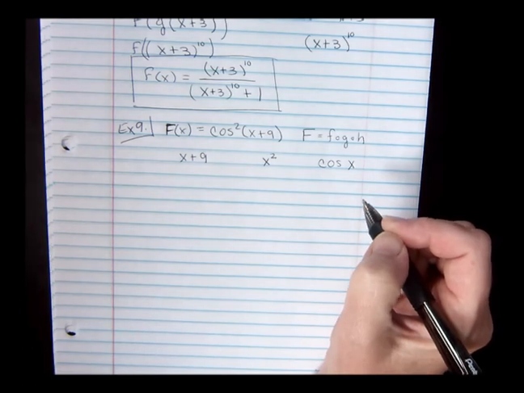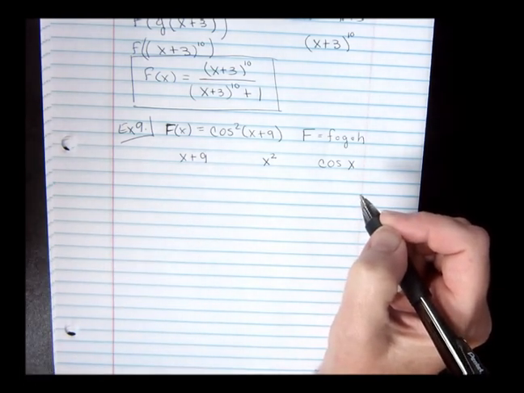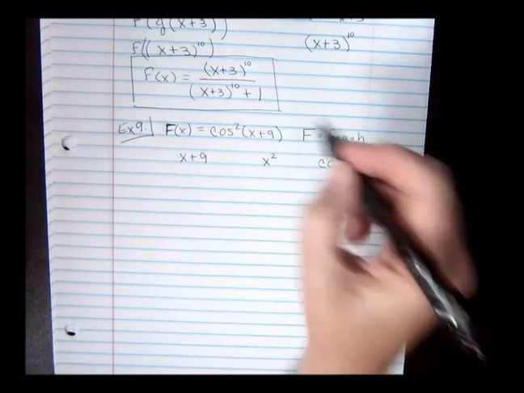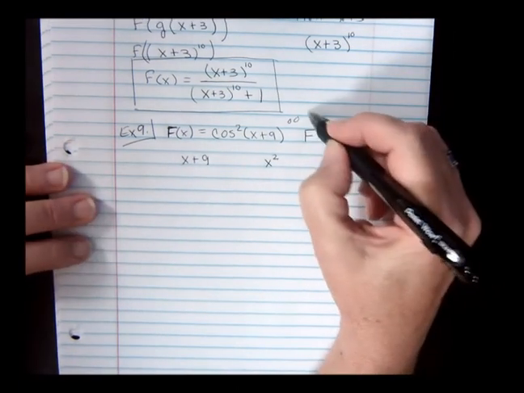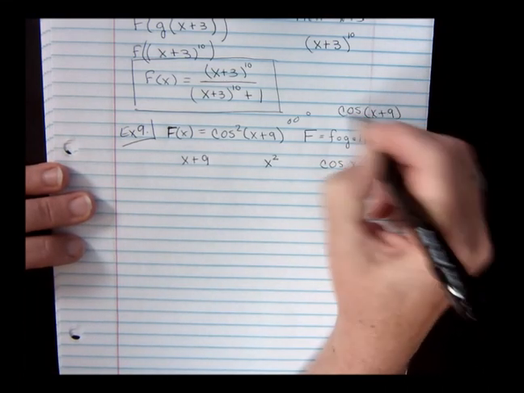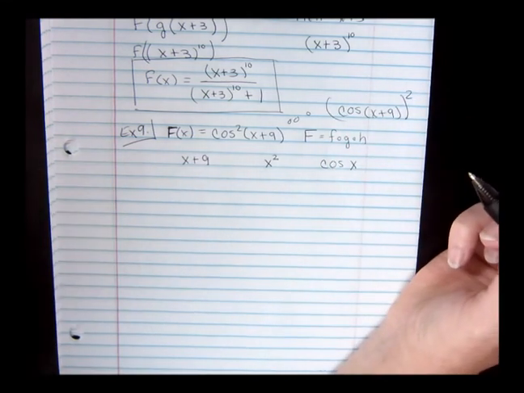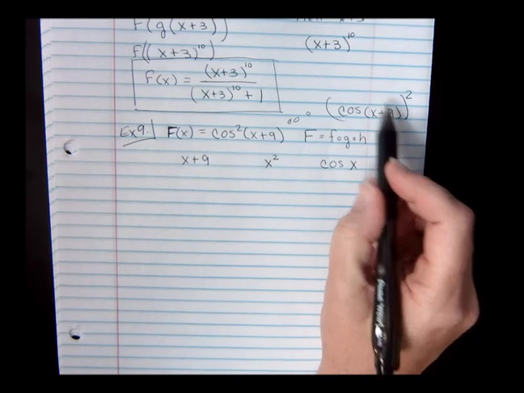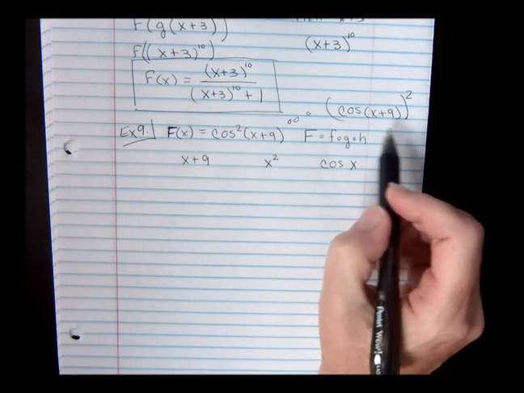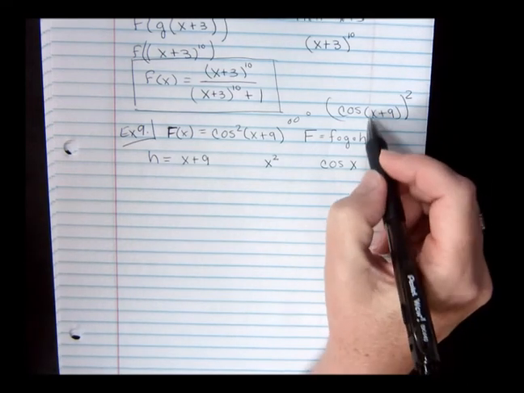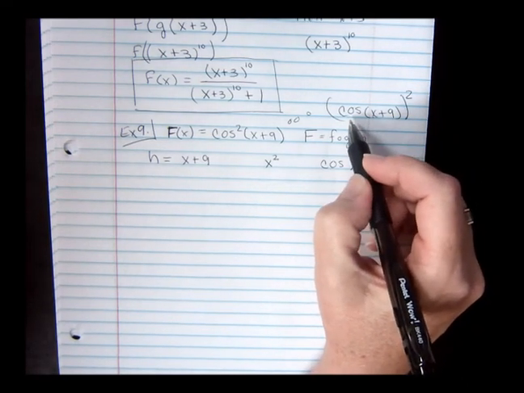These are the three. Now, what order do I put those into so that I can get that function? Start inside out. Remember, this means cosine of x plus 9, squared. So if I start inside out, the very inside, I'm going to be putting an x plus 9 in. So this is going to be my H. After I put the x plus 9 in, then I'm going to be taking the cosine.